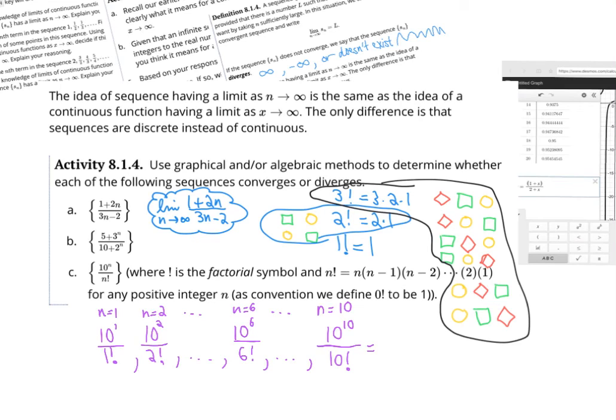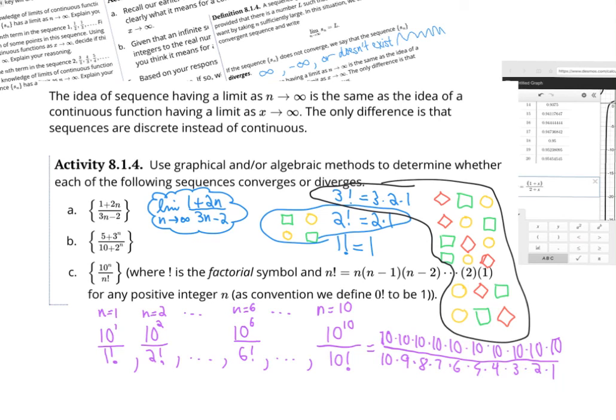If we write it out, we have 10 times 10 times 10, ten times in all, and underneath we have 10 times 9 times 8 times 7 times 6 times 5 times 4 times 3 times 2 times 1.